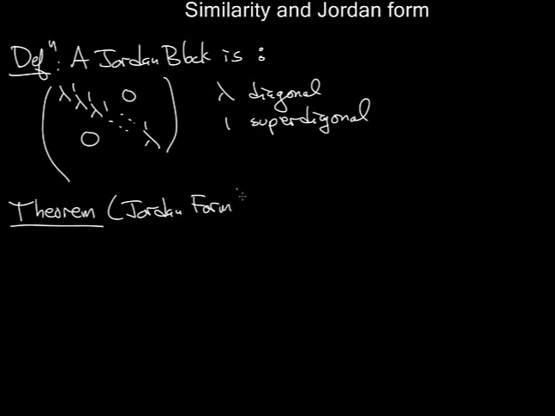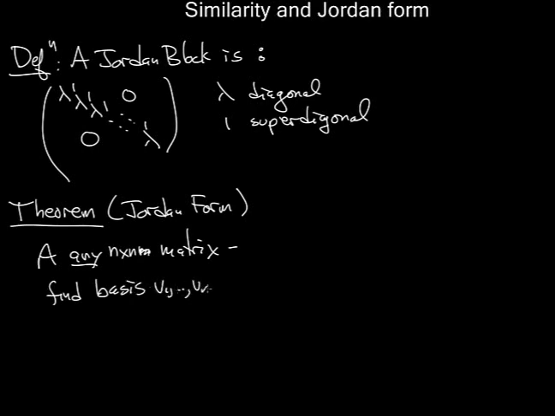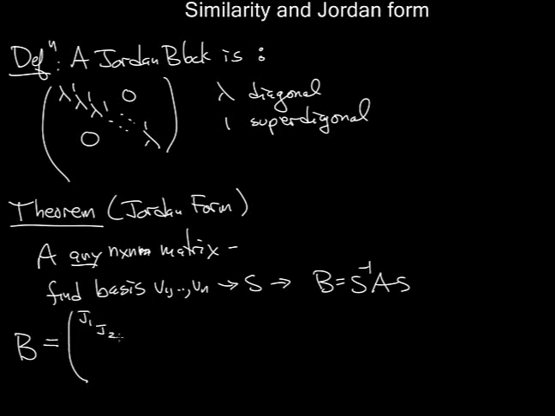And the big theorem, the theorem of Jordan form, says that any n by n matrix can be put into the following form. That is to say, you can find a basis v1 through vn such that with respect to that basis, you do the usual construction S inverse AS, and you can get the matrix to be the following.